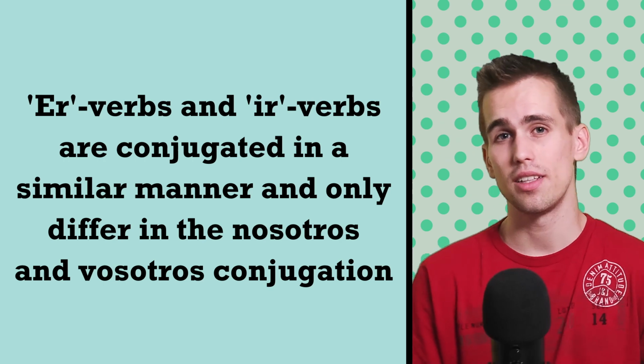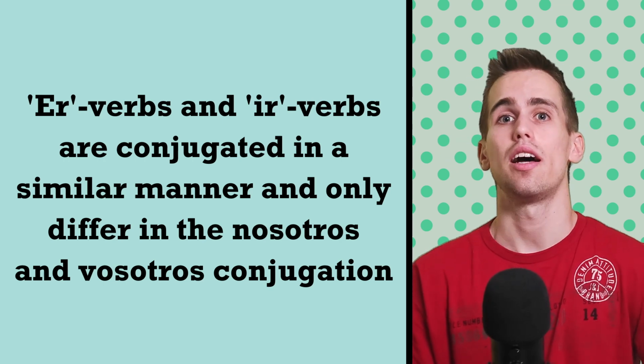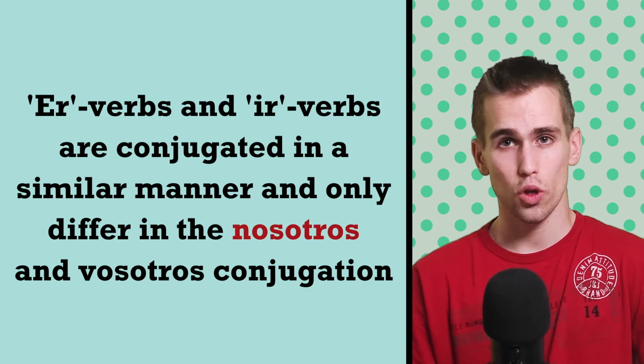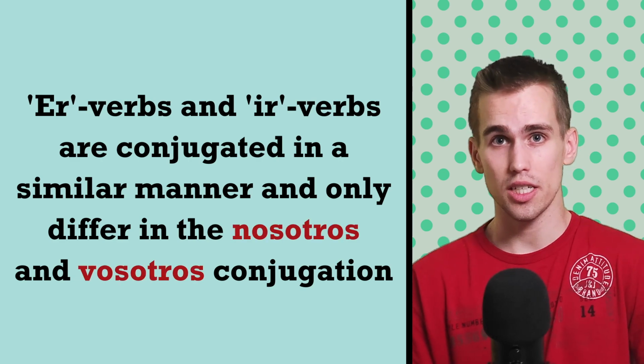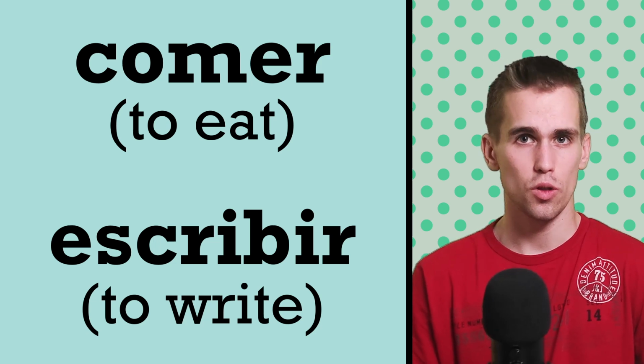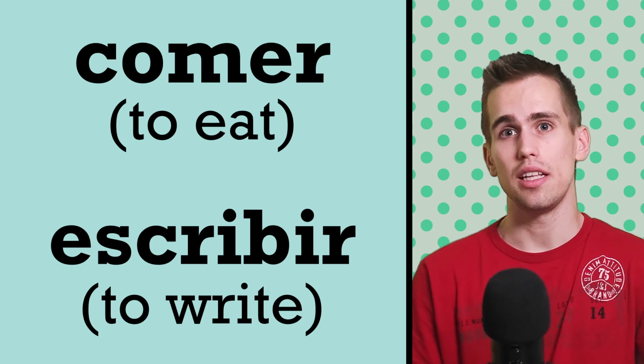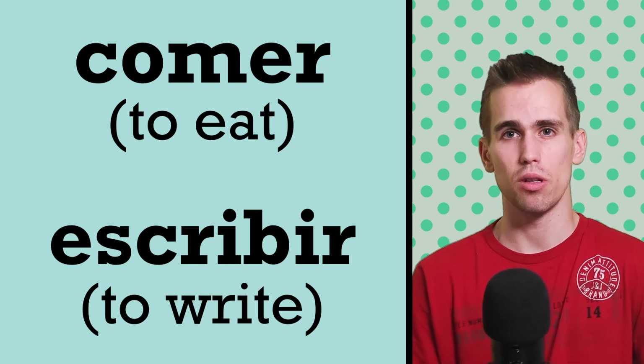ER verbs and IR verbs are conjugated in a similar manner and only differ in the nosotros and vosotros conjugation. We'll take the verbs comer, meaning to eat, and escribir, meaning to write, as examples.